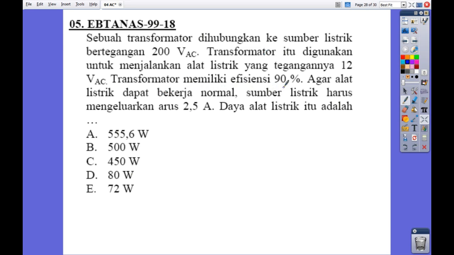Transformer has efficiency of 90%. So to make the electrical devices run normally, the source of voltage should supply 2.5 ampere.